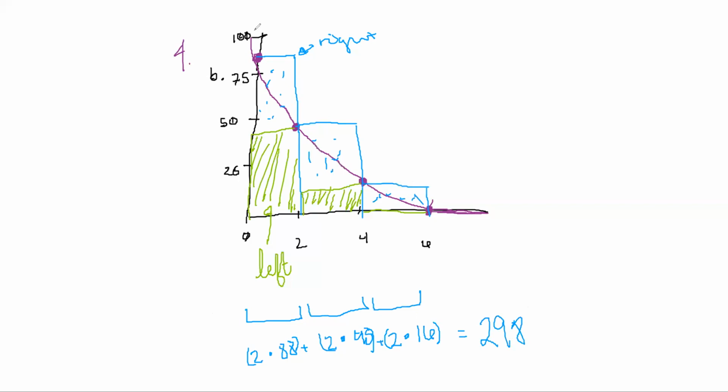All right, then we've got the left hand. So the left hand ones are going to be the same process. We're going to say this is 2 times 45 because we go 45 up and 2 across, plus 2 times 16 plus 2 times 0.